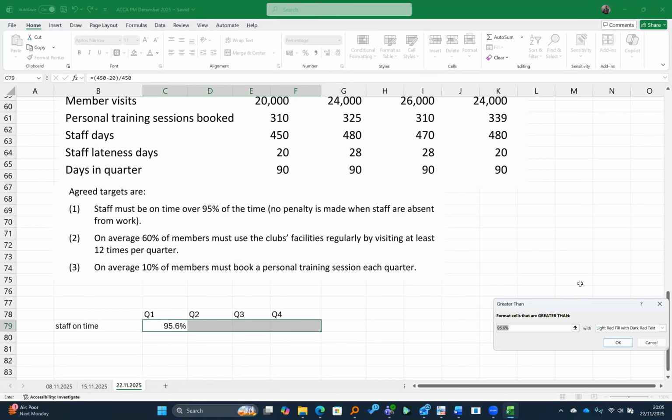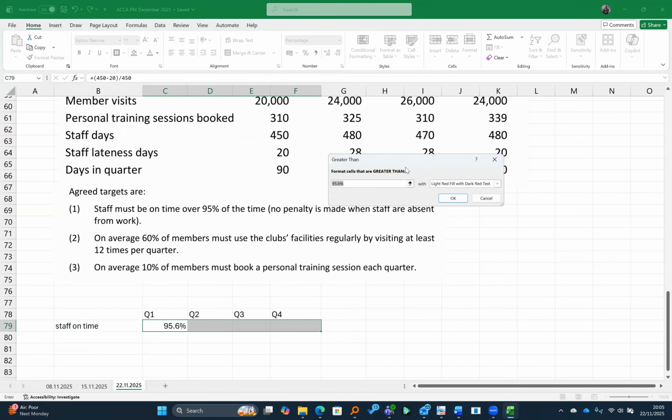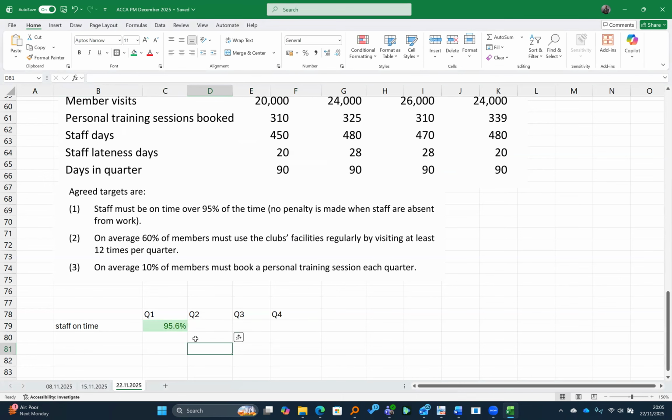So we are going to try to, okay, so in quarter one, that is matched. In quarter two, we have 480 minus 28.